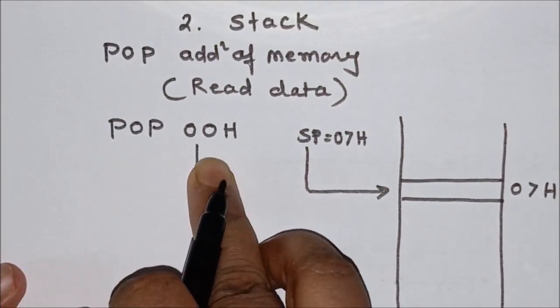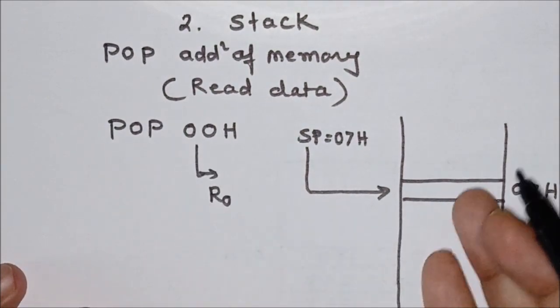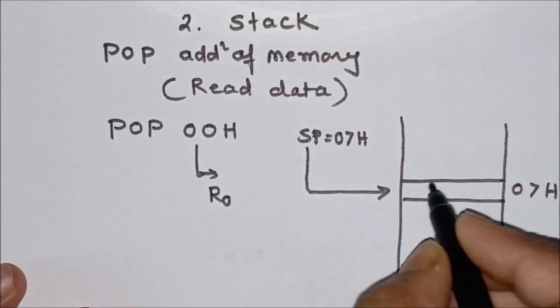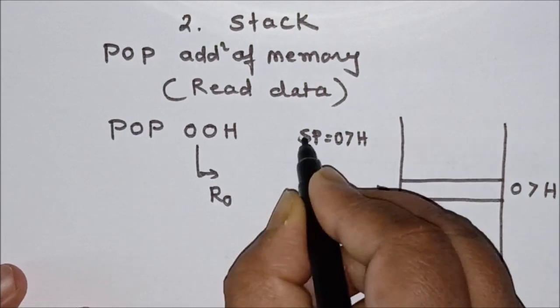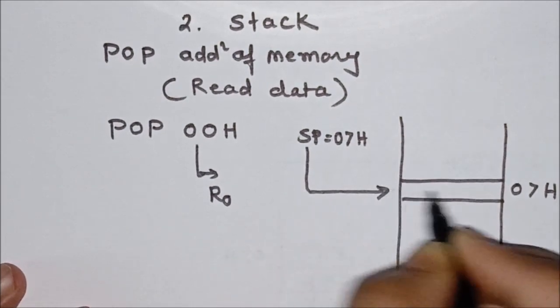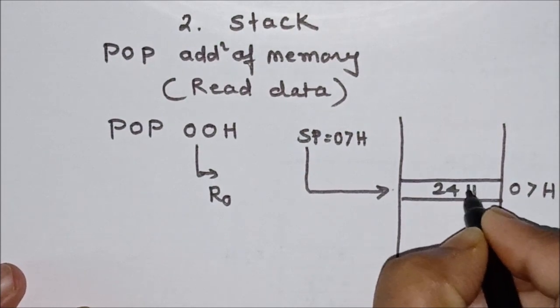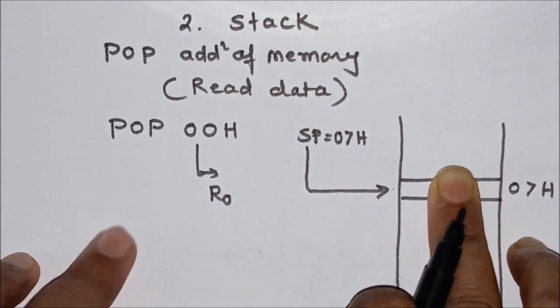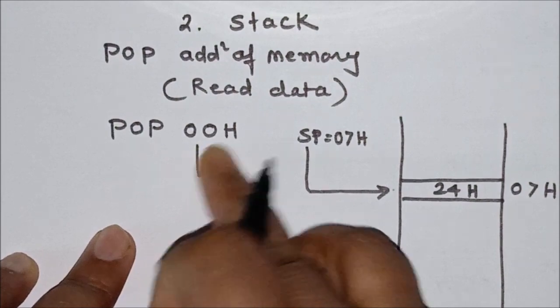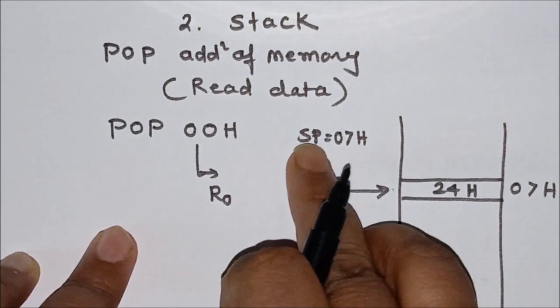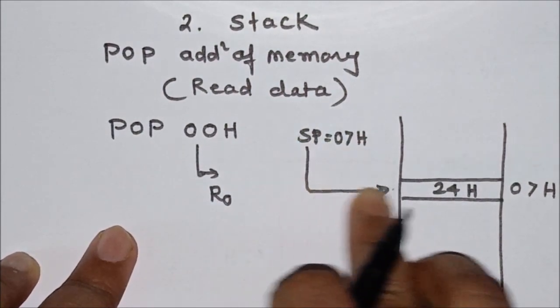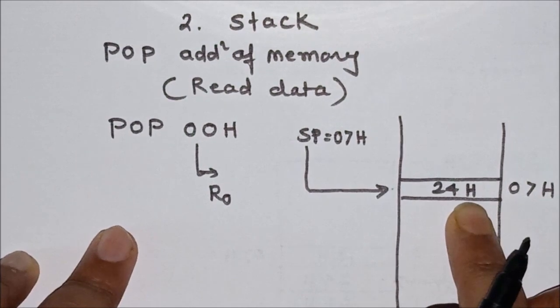So during execution of pop instruction, microcontroller first reads a data from memory location where stack pointer is pointing. So suppose here 24H is stored, or whatever data is stored previously, we are reading the data from stack. So it will check this stack pointer, it is pointing to this memory location.